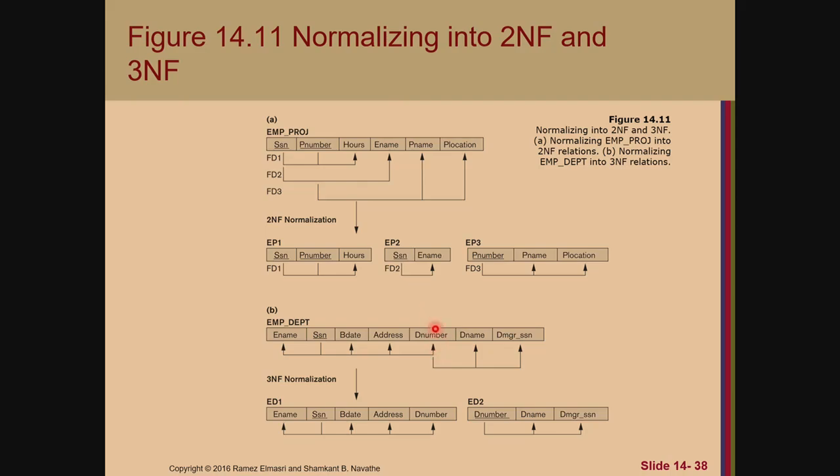But this one is determiner. So we will have SSN determine the number, and then the number determine the name. So in this relation, it becomes transitive functional dependency.